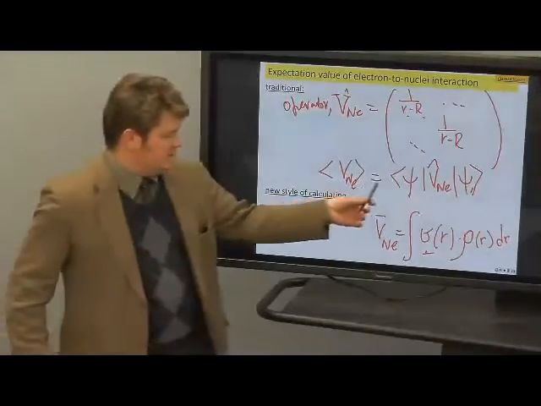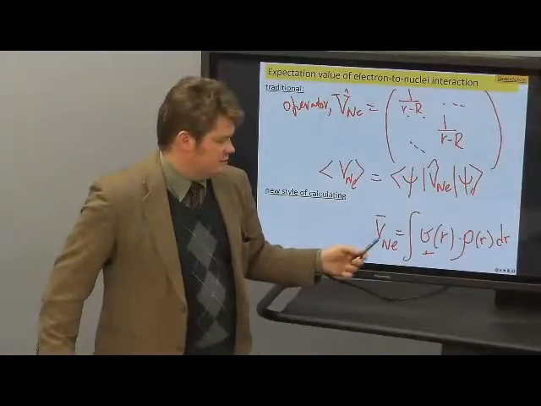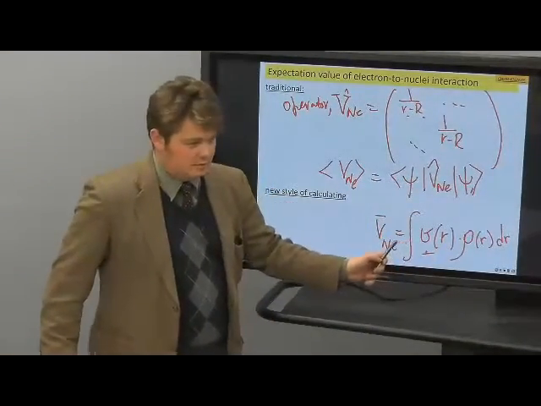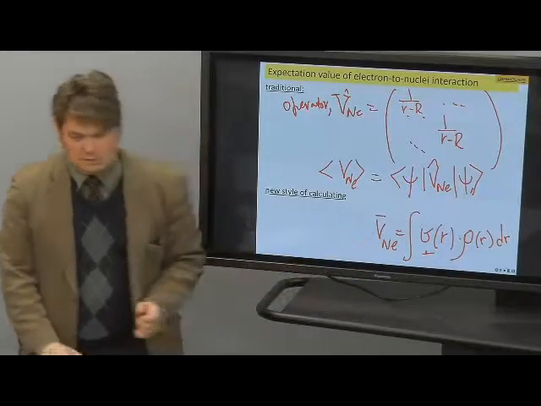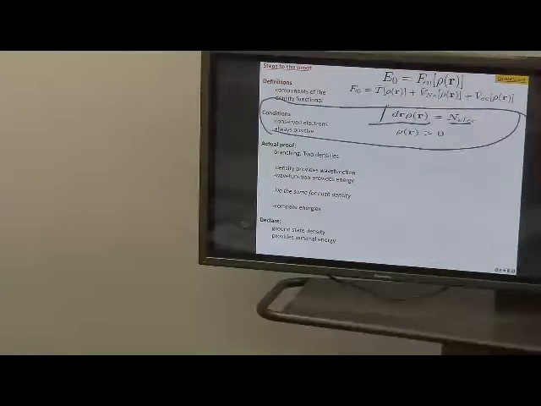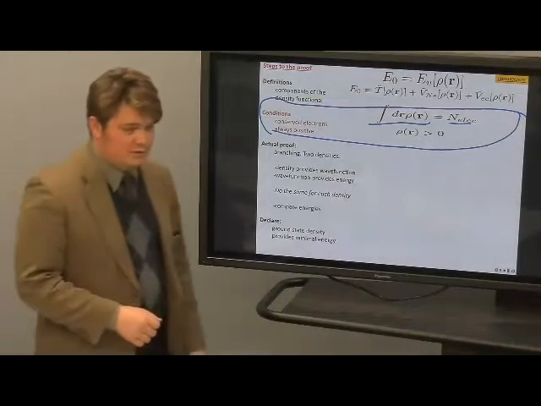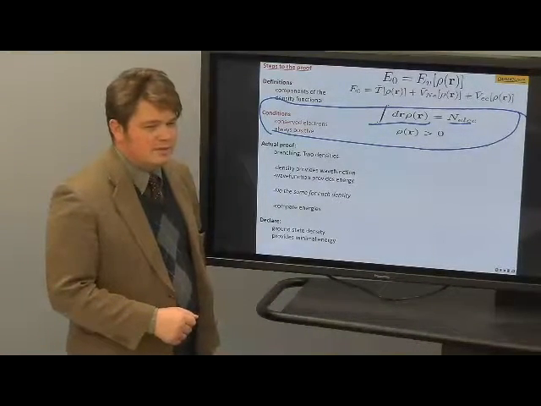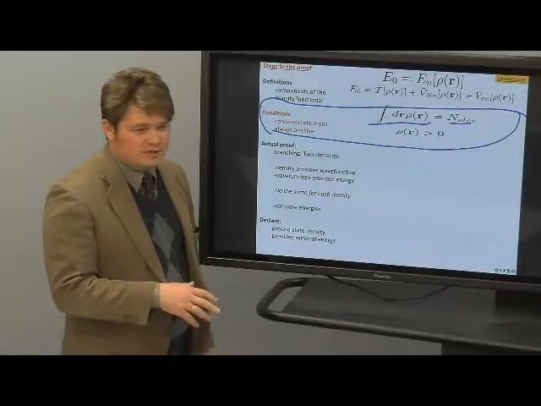Before we had this Dirac notation, now we have this integral. It is very comfortable, maybe not for writing equations, but for setting up computations.